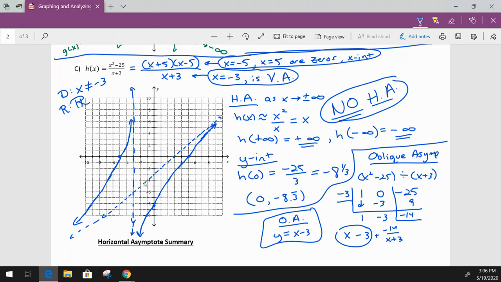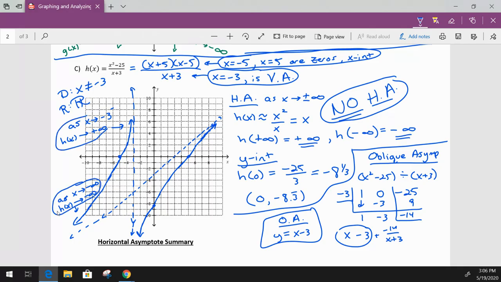If I describe the ends of each of these branches, I would say as x is getting closer and closer to -3 from the left, the function h of x is approaching positive infinity. If I look at this branch, I would say as x approaches negative infinity, because it's going farther and farther to the left, the function h of x is also approaching negative infinity.